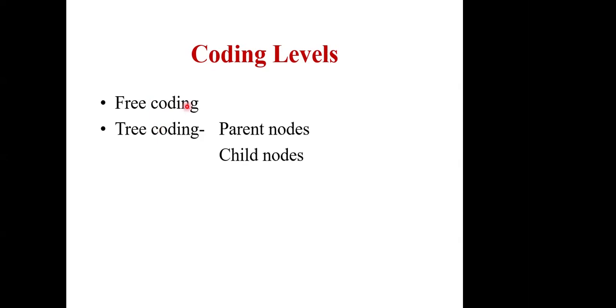When you are doing free coding, you are not worrying much about the next level, which is organizing them. That can be done later. This is the first thing you do. Tree coding comes once you have done free coding, if you can see that something can be the broader category, or the concept the question was about. It can be the main concept, and under that you can see subcategories.